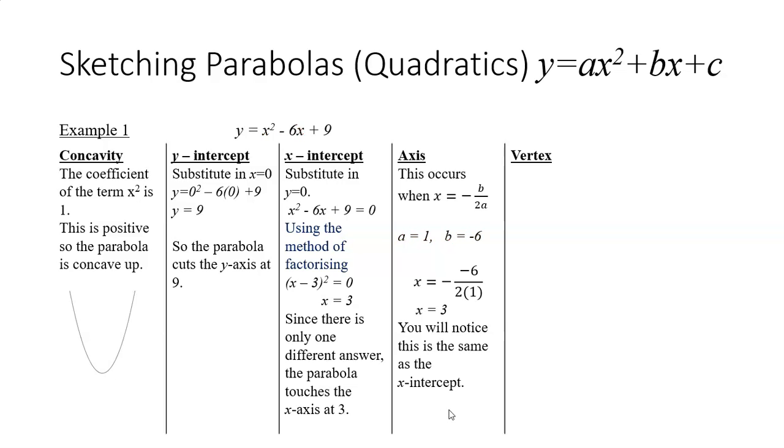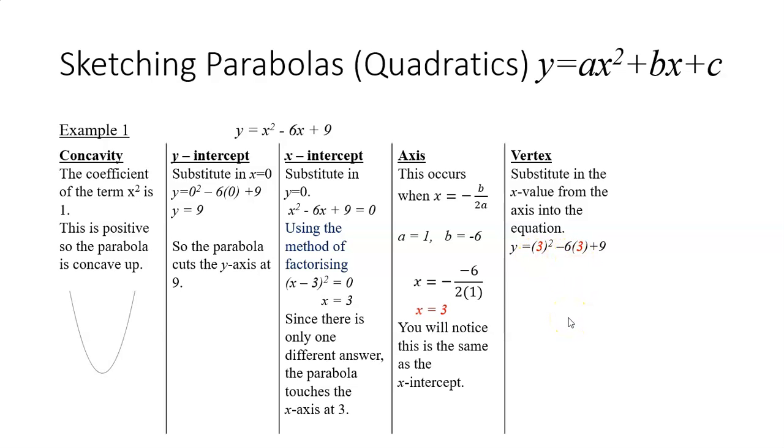So let's find our final part, the vertex. So we're going to substitute in the x value that we found over here for our axis. That's going to be our x value of the vertex. And we'll substitute that into the equation, back up into here. So we get y equals 3 squared minus 6 lots of 3 plus 9.